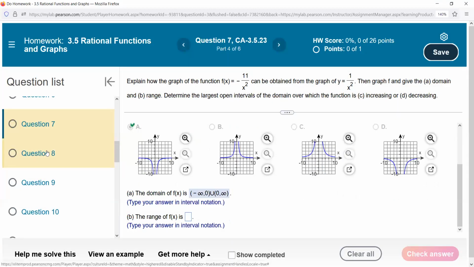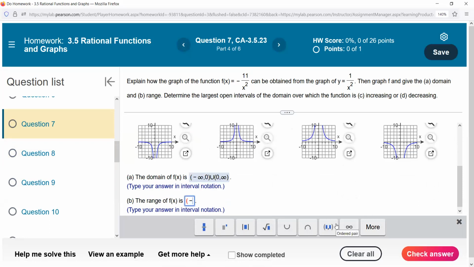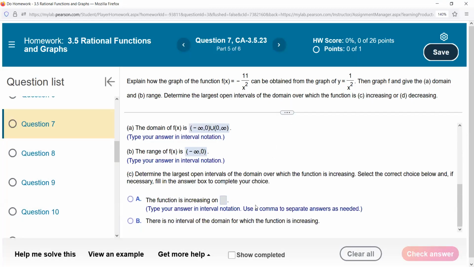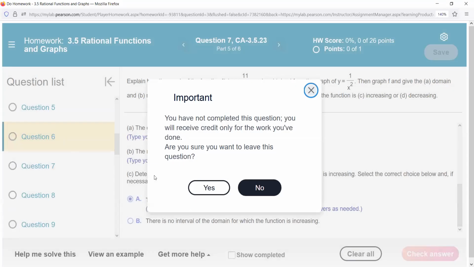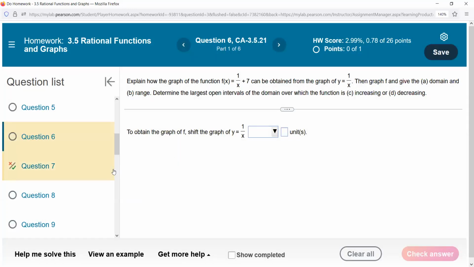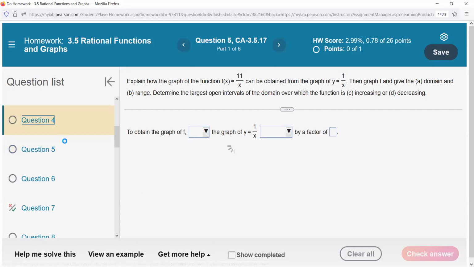We don't do any graphing. The range is all negative numbers, excluding the 0. I'm going to stop here, but you have the idea now. You don't do any graphing, just identify the transformations and answer the rest of the questions.